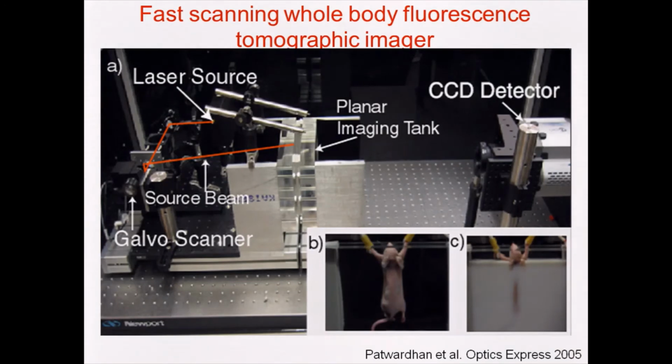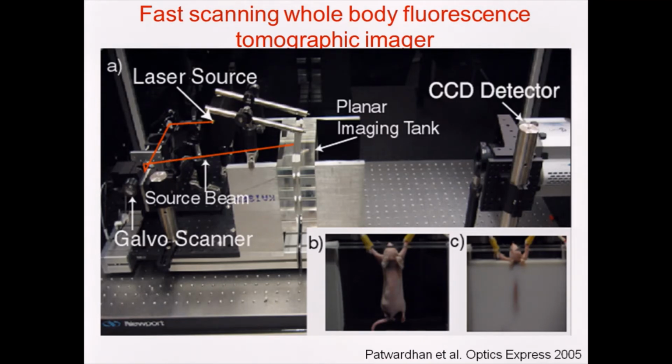Okay, so now I'll move on and show you some different imaging systems. I'll start off with a couple of systems that are used for mouse imaging. The reason I'm showing this one first is that it mimics the mathematical description I've given of the tomography systems.